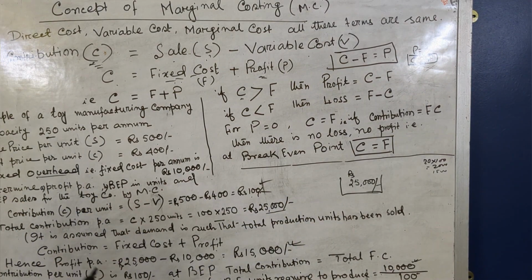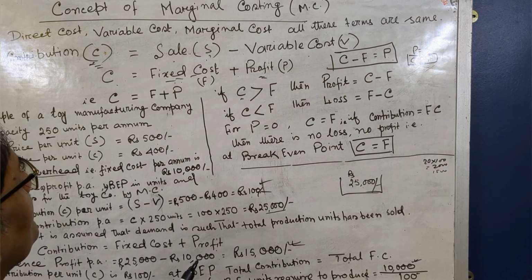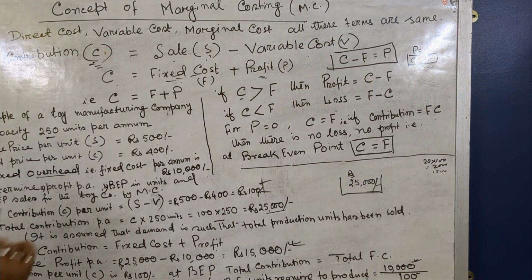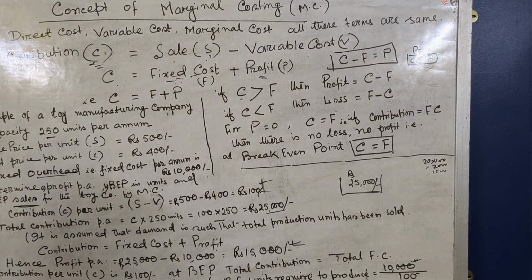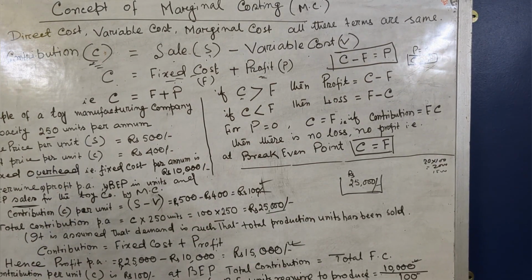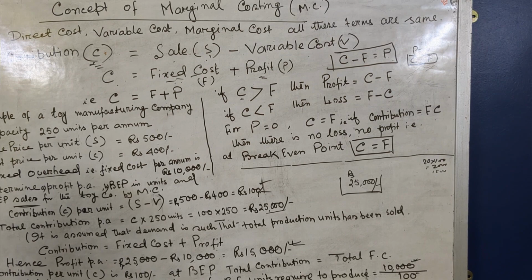The last question is, if you have to find out the break-even point in sales, how will you find it? Simply multiply the sell price per unit with the break-even units. Break-even units is 100 units.